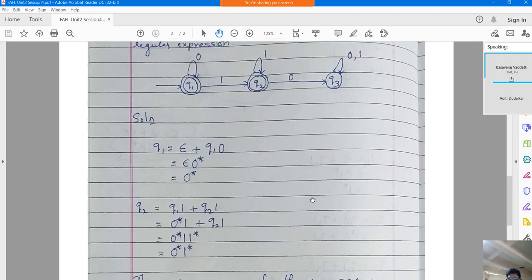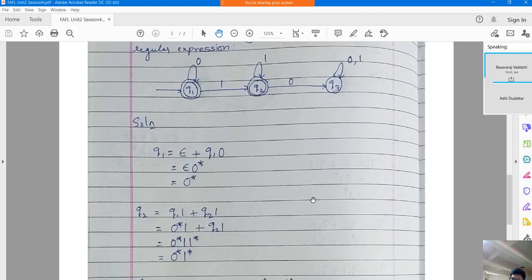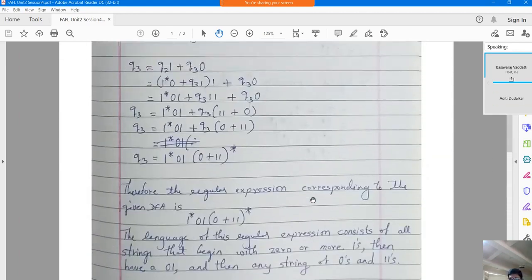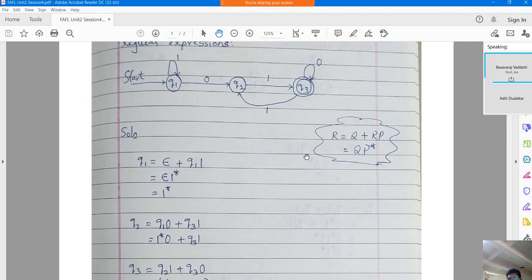This is similar to the formula R equals Q plus RP, which is replaced by QP star.